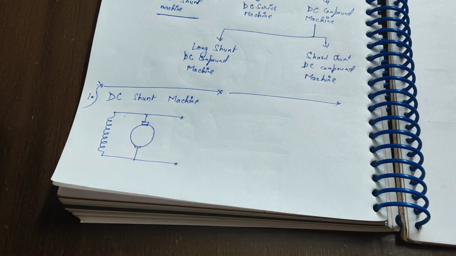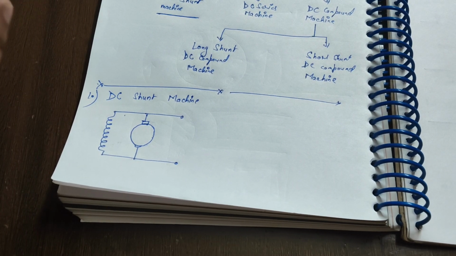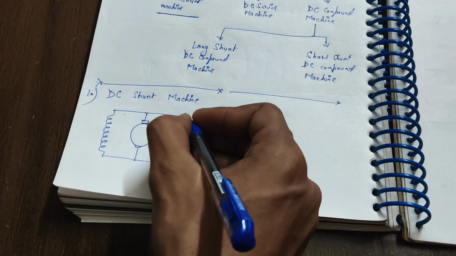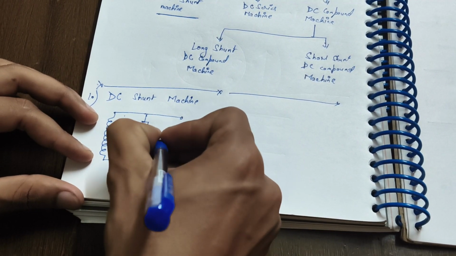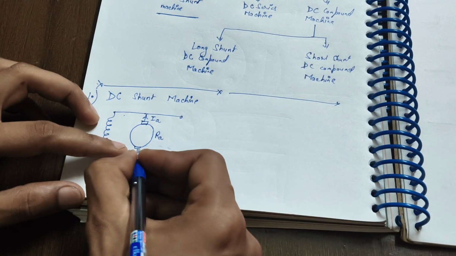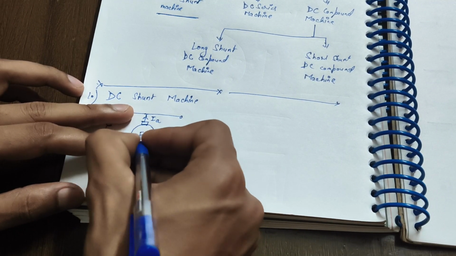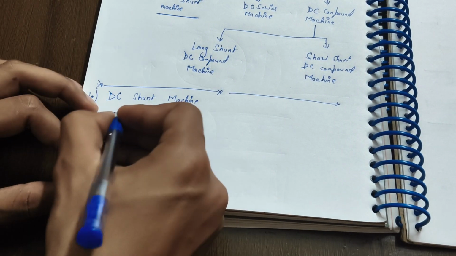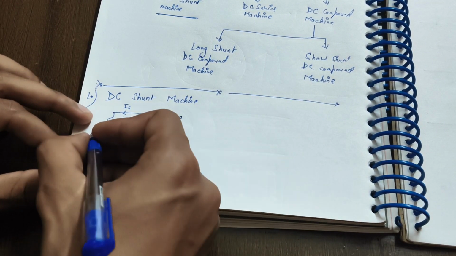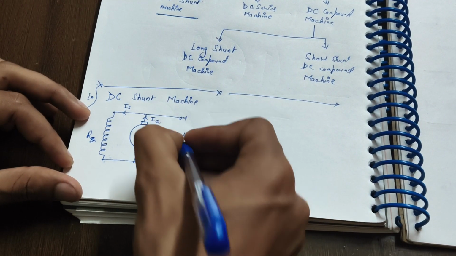The reason is so that less current flows through the field winding, which is required for generation of flux or magnetizing the coil. These are the terminals. This is the armature having resistance Ra. The current flowing through the armature is Ia. These are brushes, so the brush drop is Vb, and this is the armature where EMF Eg is generated. Here the current through the field winding is Ish, the resistance is Rsh, and the voltage at the terminals is V.